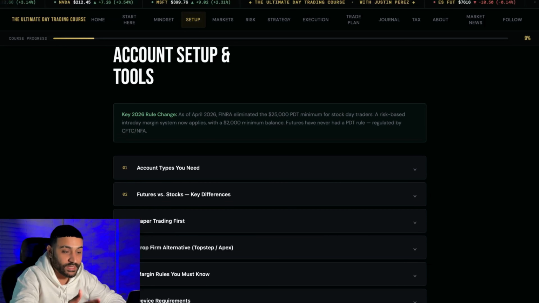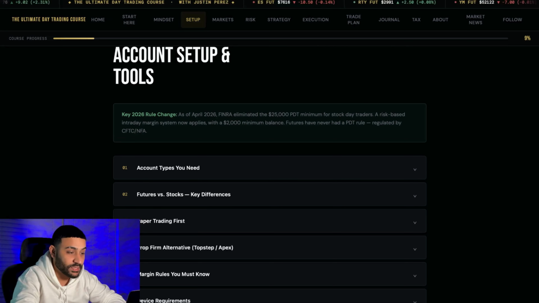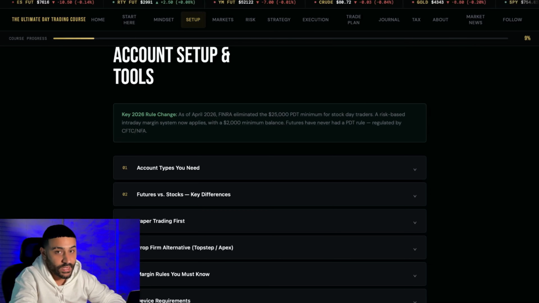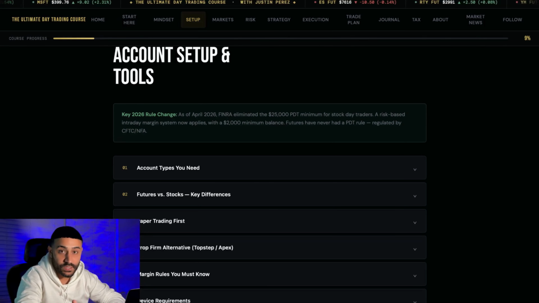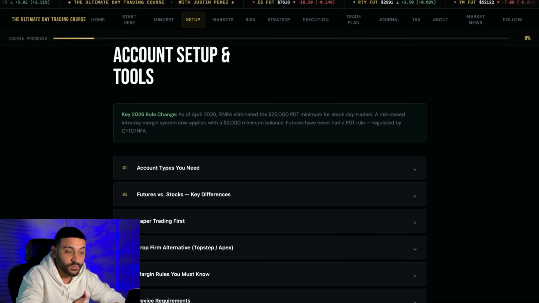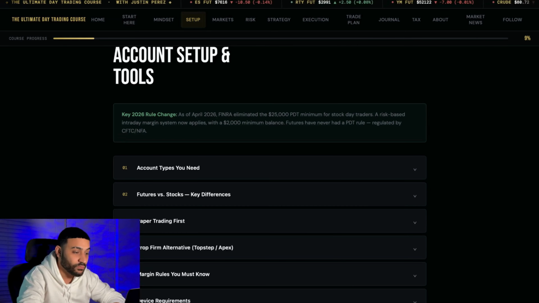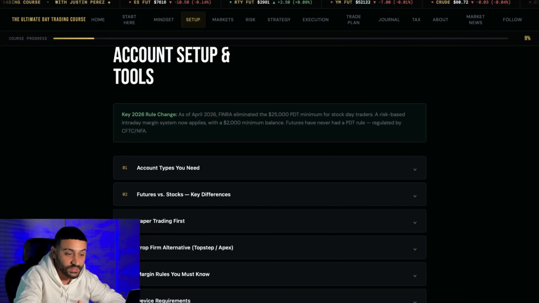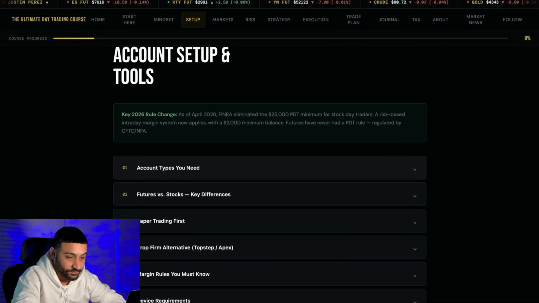As of April 2026, FINRA eliminated the $25,000 PDT minimum for stock day traders. A risk-based intraday margin system now applies with a $2,000 minimum balance, but they have updated it to $0. And futures have never had a PDT rule, regulated by the CFTC and the NFA.